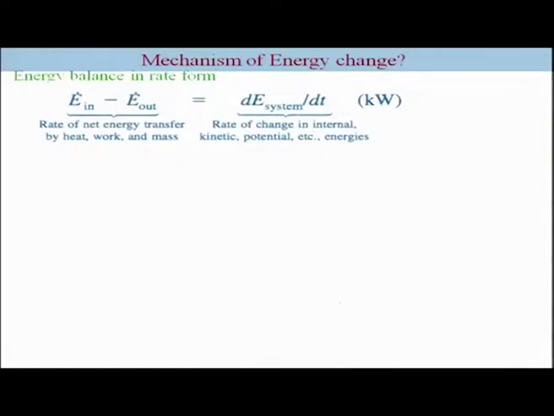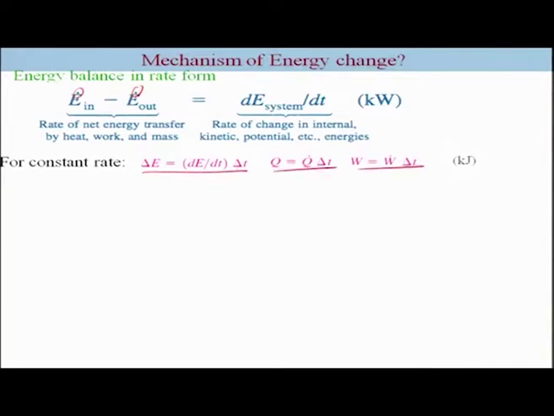One can write it in the rate form as well. This is a rate form expression, with a dot, which essentially means for a constant rate, you can find delta E by multiplying this expression by delta t.